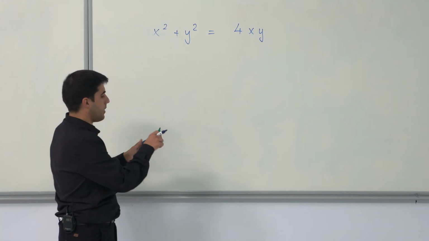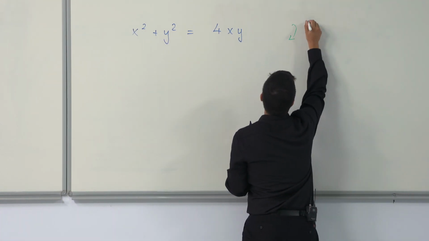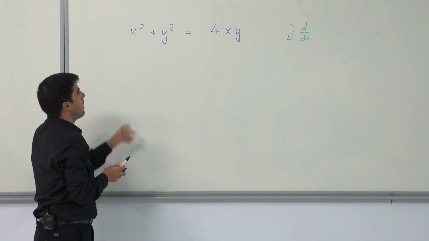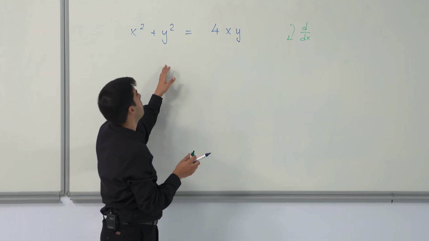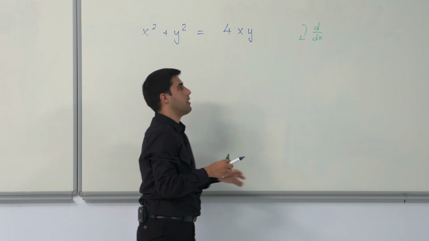So let's take again the equation and take the derivative on both sides with respect to x. So d dx. But don't forget that y is a function of x. So whenever we are taking the derivative of y with respect to x, we have the term dy dx.